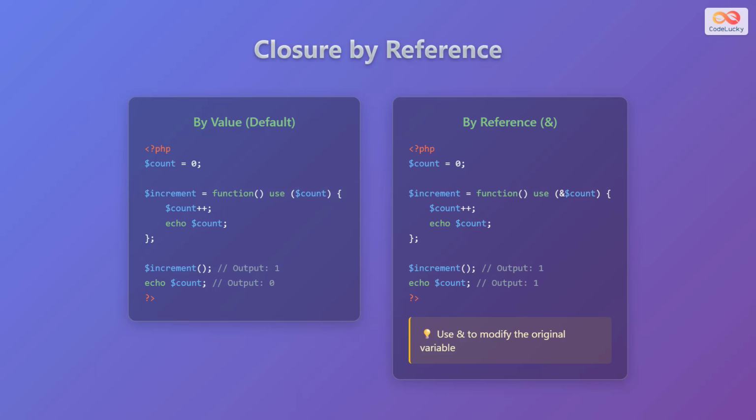This indicates that we are passing the variable by reference. The anonymous function increments the variable $count and then echoes it. Then we call the anonymous function. This will output the value 1. After this, we echo the count variable from the parent scope. This will output the value 1 because the variable from the parent scope was modified.